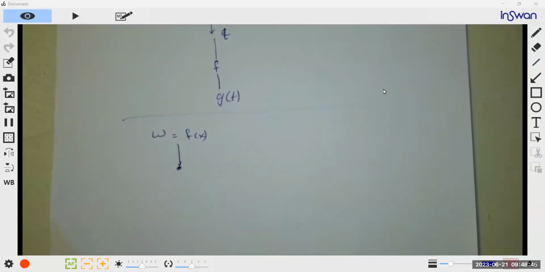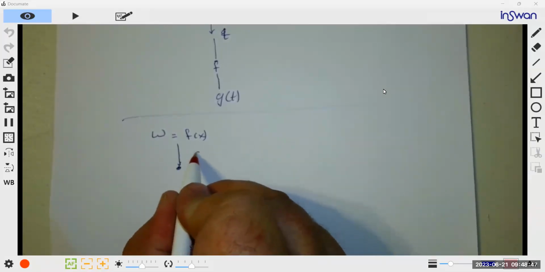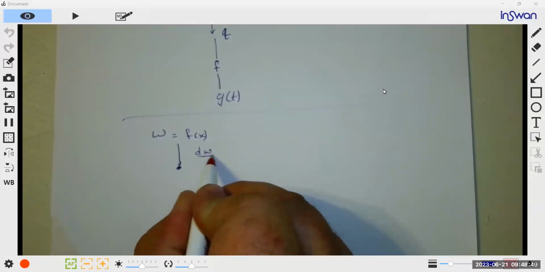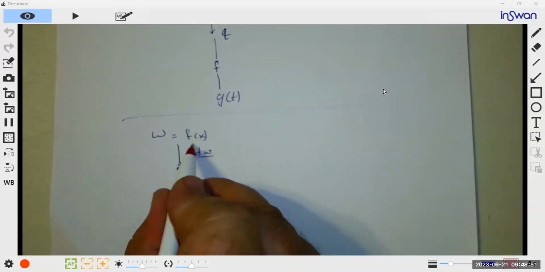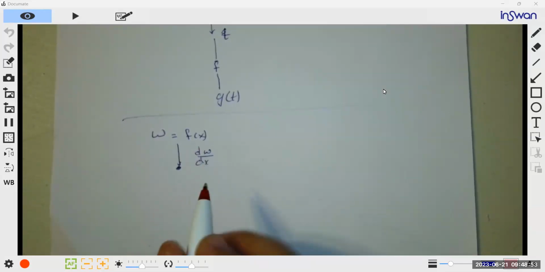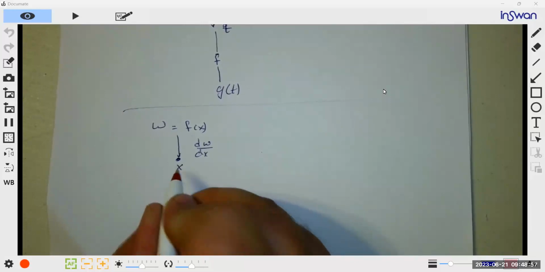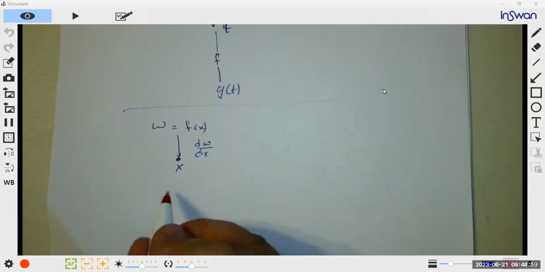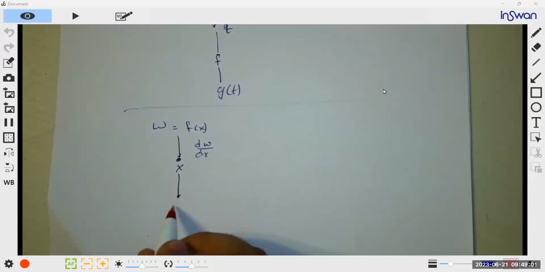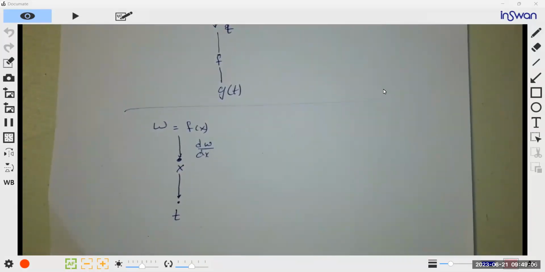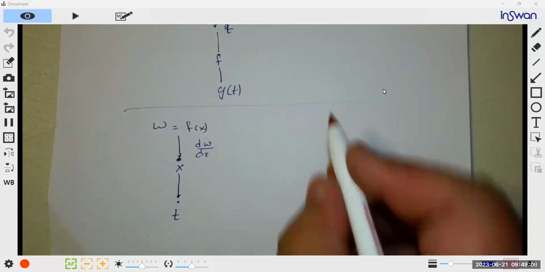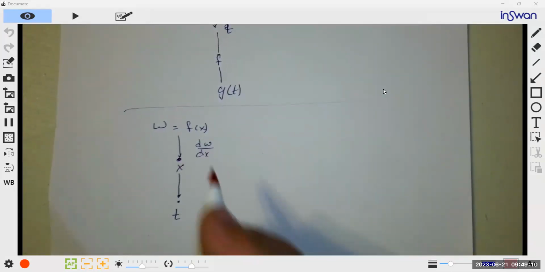We take the derivative of our outer function with respect to x. That gives us our value x. And then we take a derivative with respect to t. Because again, it's a function within a function.